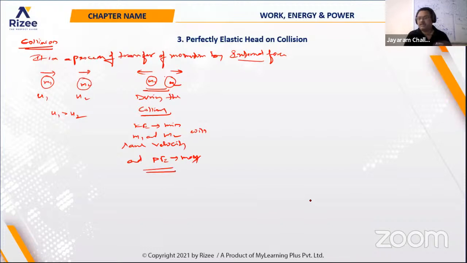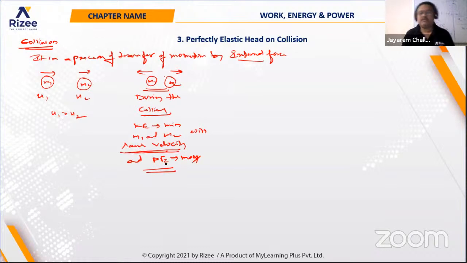This is because during the collision deformation will be occurring. Since the shape and size of both the colliding bodies are changing, that means the bodies are deforming. Since the bodies are deforming, the potential energy will be more, and at this instant both of them will be traveling with the same velocity.